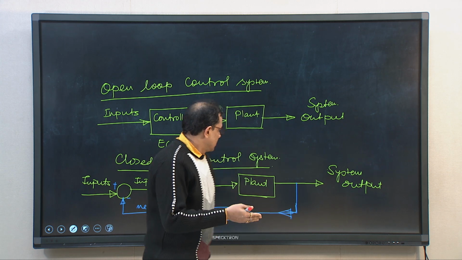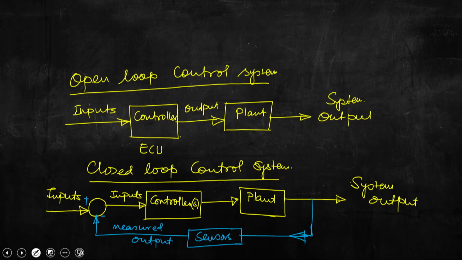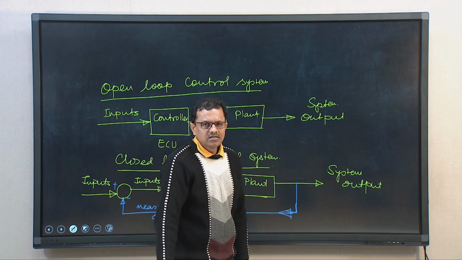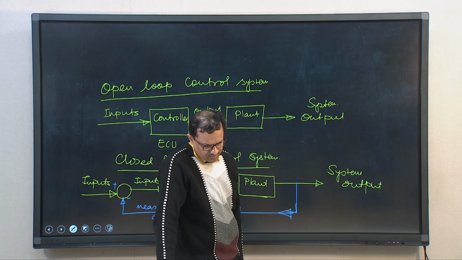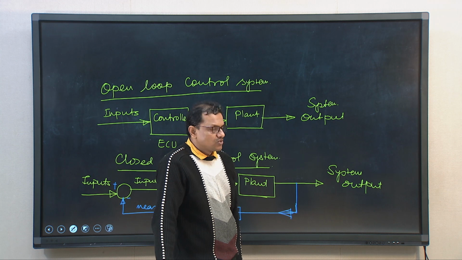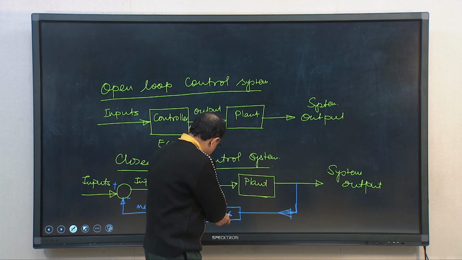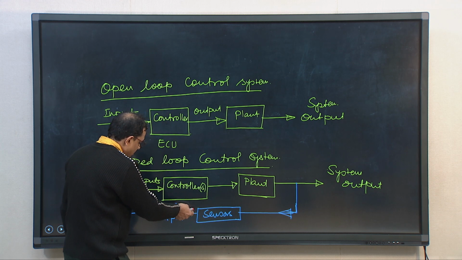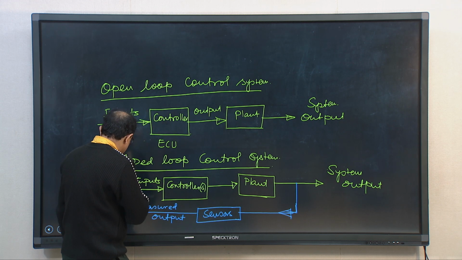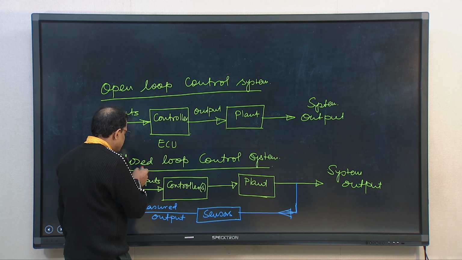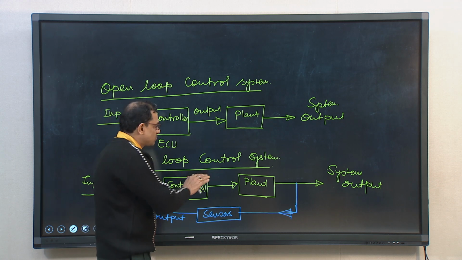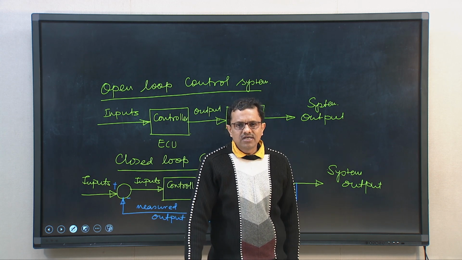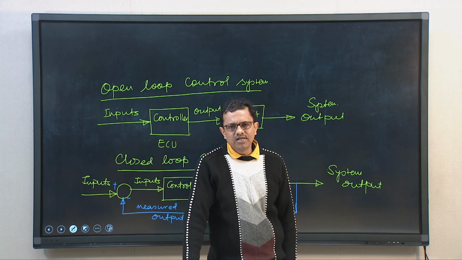If the system output is getting affected because of some environmental or operating conditions, this should be sensed by the sensors, and then output from these sensors will be accordingly adjusted to give the desired input to the controller so as to correct that changed condition. So, that is the need of this feedback loop and this is very popular.